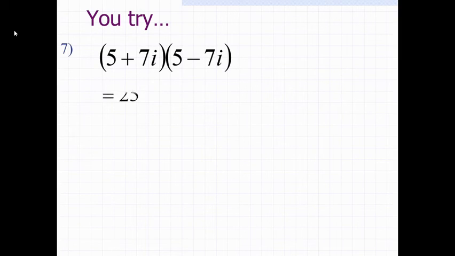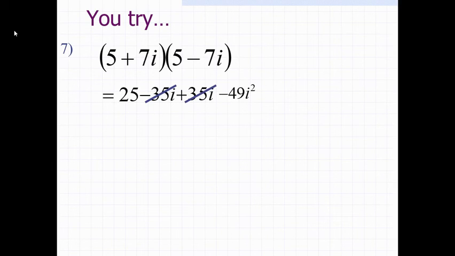Alrighty, we got 5 times 5 for 25, 5 times negative 7i for a negative 35i, 7i times 5 for a positive 35i, and then we have 7i times a negative 7i for negative 49i squared.